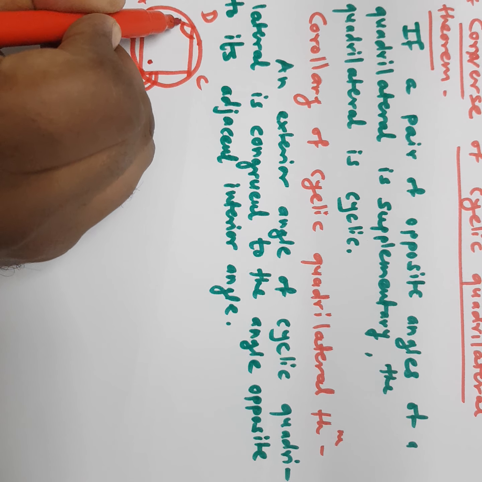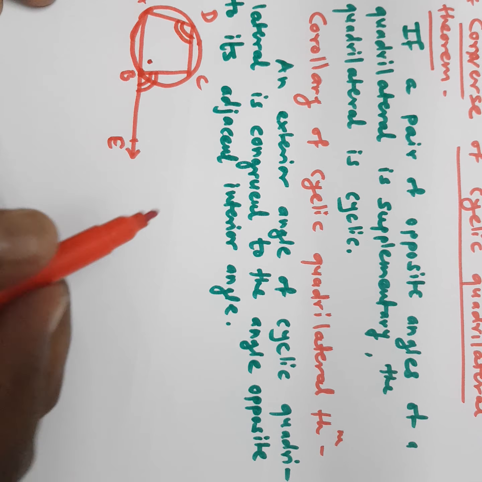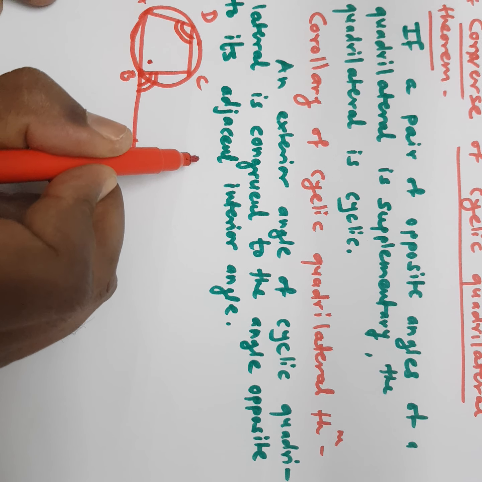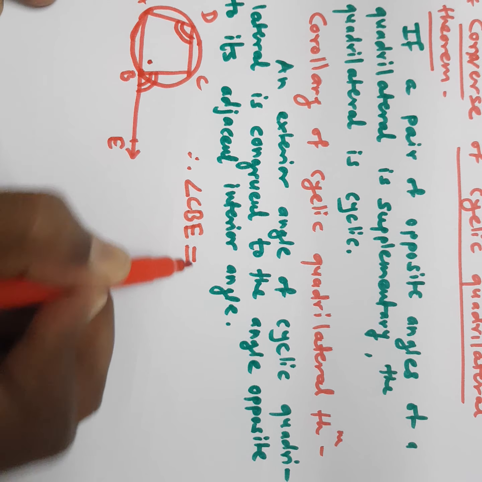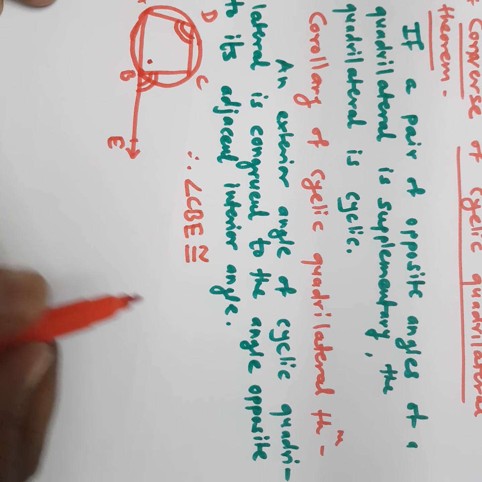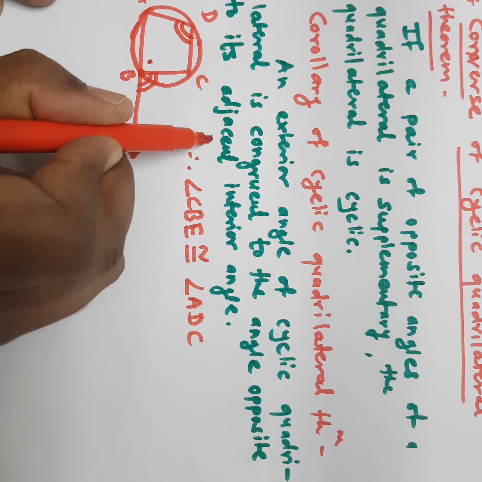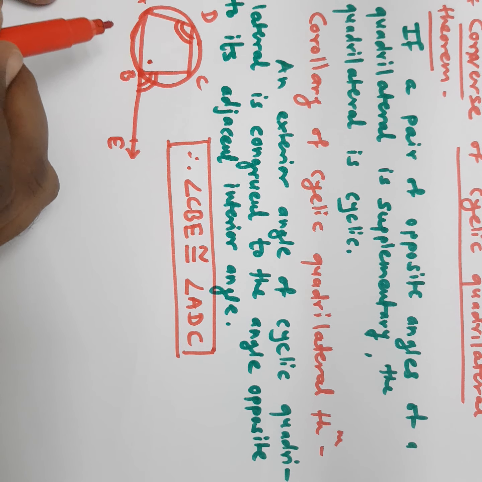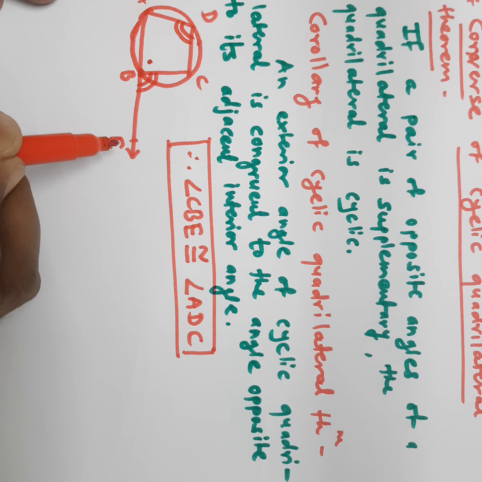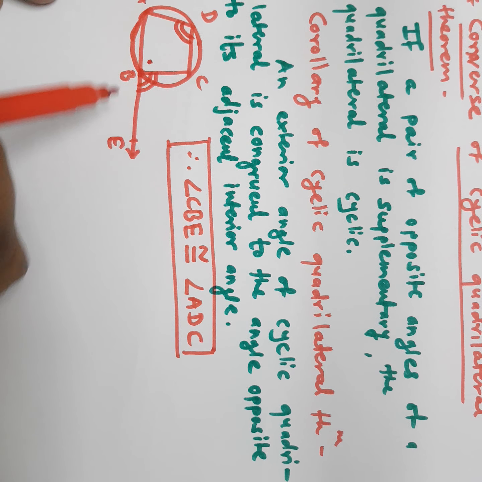This angle D is opposite to the adjacent interior angle ABC. Therefore, the theorem is that the exterior angle CBE is congruent with angle ADC. In the figure, quadrilateral ABCD is cyclic, angle CBE is its exterior angle, and the theorem is angle CBE is congruent to angle ADC.